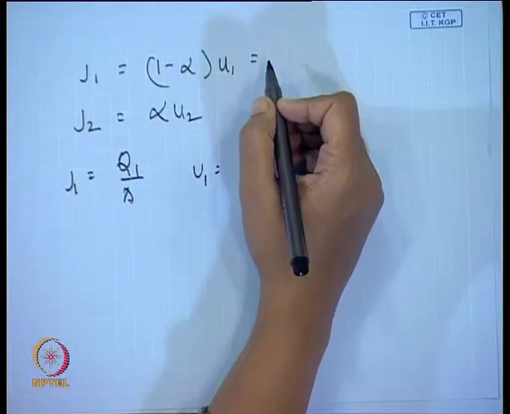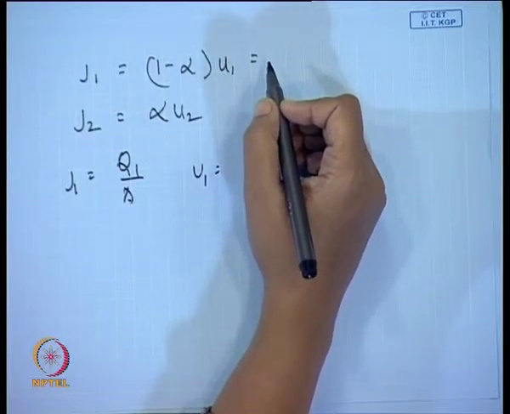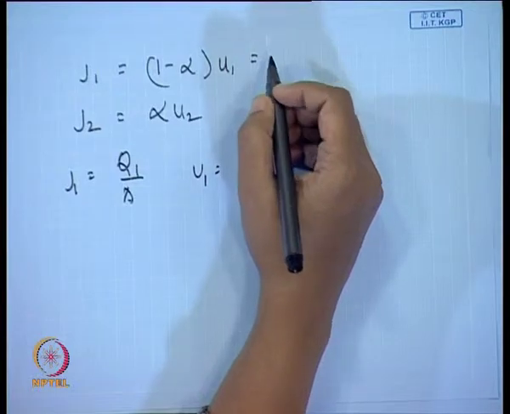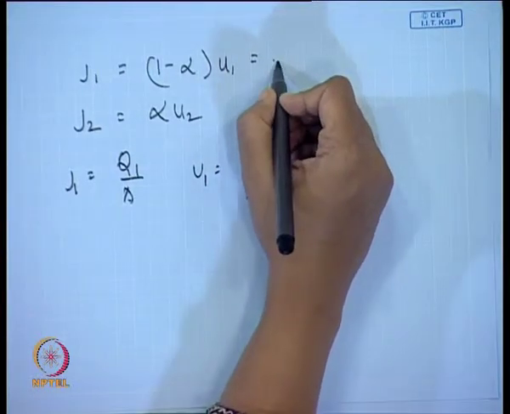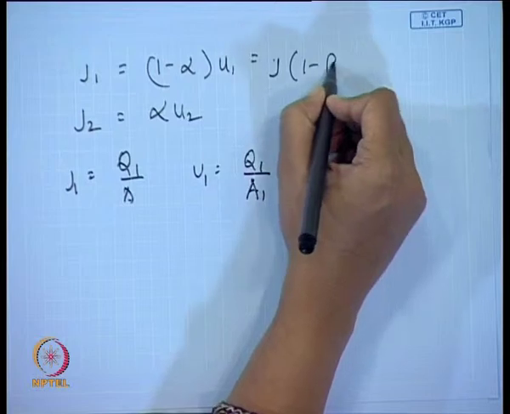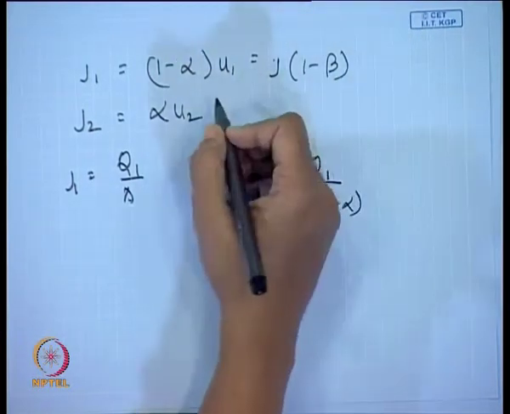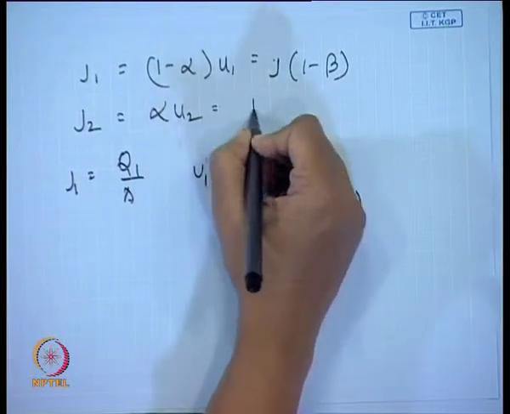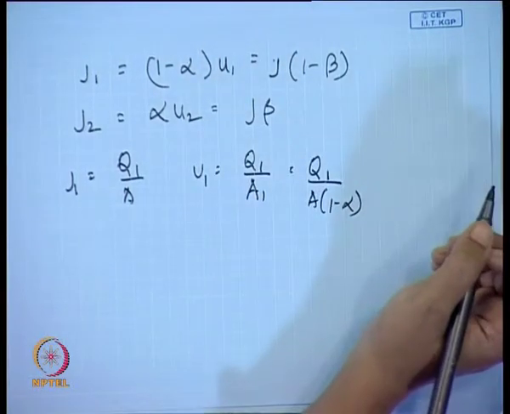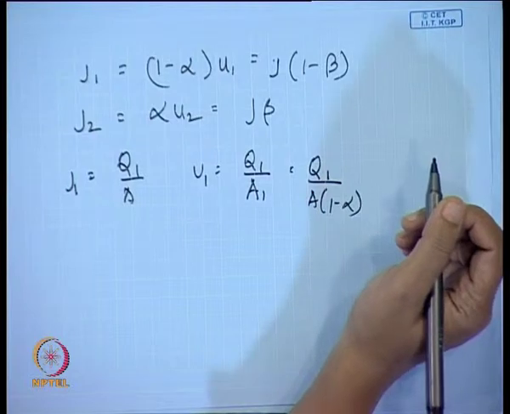Any idea? It is j into 1 minus beta. Please come prepared with the nomenclatures, otherwise it is going to be difficult. And J2 is equal to j beta, is it not? It is just the inlet flux.